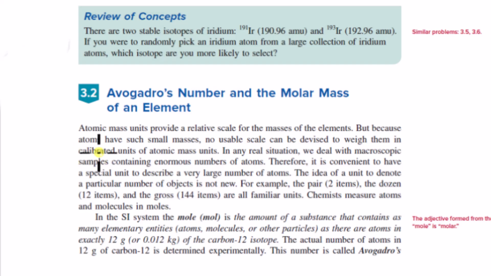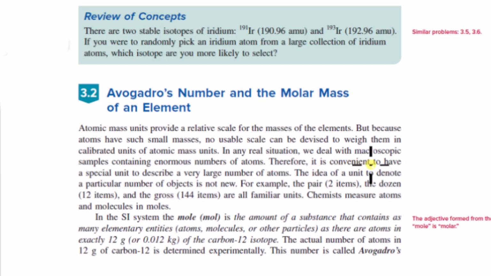But because atoms have such small masses, no usable scale can be devised to weigh them in calibrated units of atomic mass units. We can't calibrate a scale in AMU, where you take an atom or a molecule and put it on the scale, and it's balanced in terms of AMU. At least not in the year 2025, we can't.